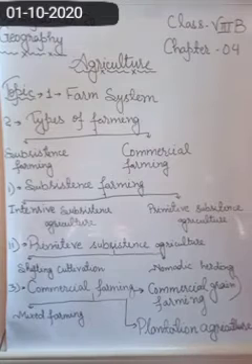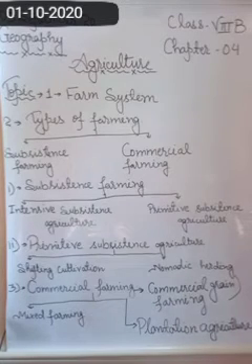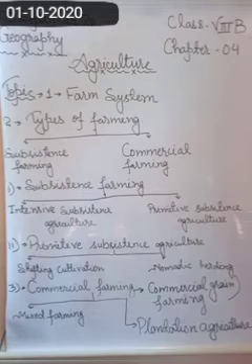And students, the major areas where commercial grain farming is practiced are the temperate grasslands of North America, Europe and Asia. Students, are these areas densely populated?